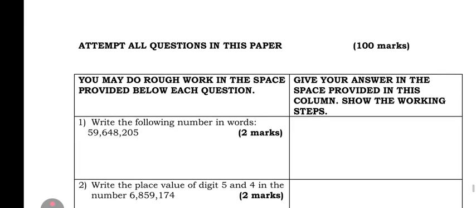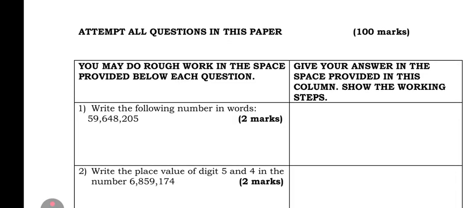As usual in primary, students preparing for your exam, there are such questions that you should focus on, so that you can understand them clearly, because they are repeatedly asked in national exams. For instance, this one is all about writing in words. It's a very easy question. Question number 1 carries 2 marks, and it's very simple and easy for you to get those 2 marks.